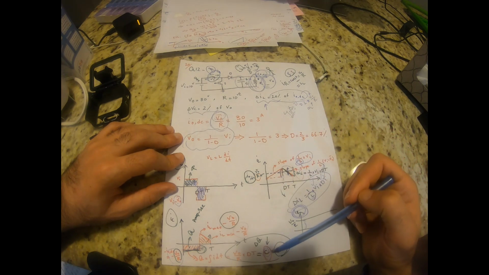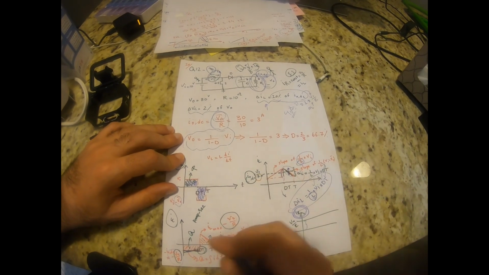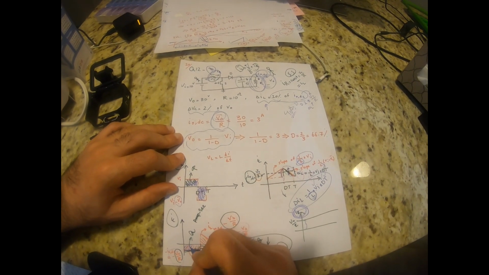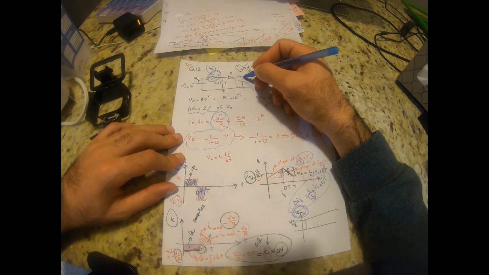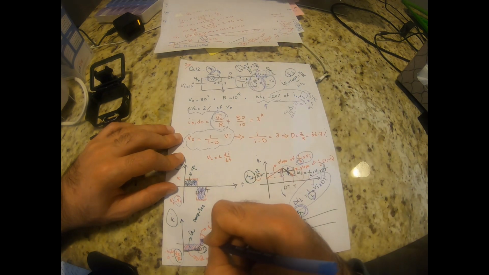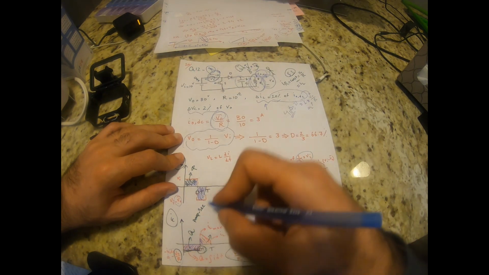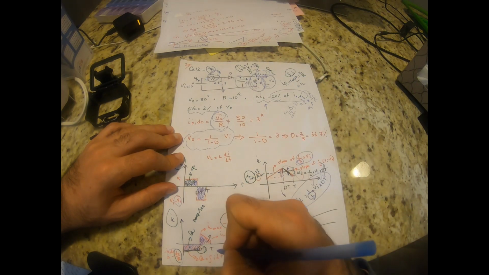To calculate C, this is how much current is discharged from the capacitor, and this is how much charge gets discharged from the capacitor, how much charge goes into the capacitor.